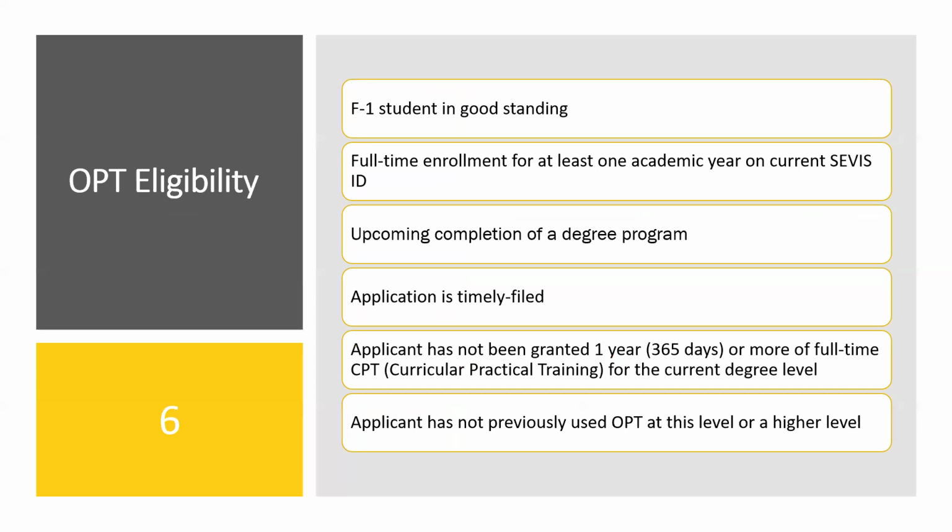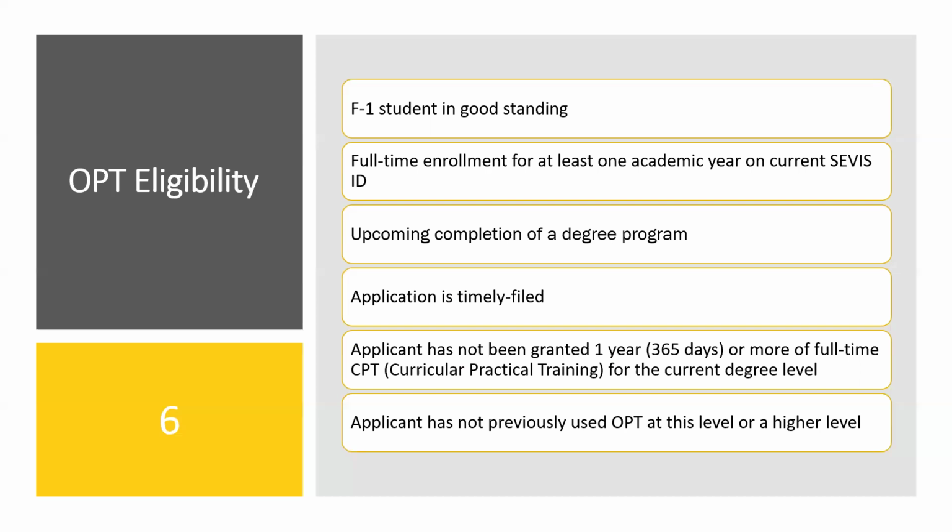Now, how do you know if you're eligible for OPT? You must be an F1 student in valid F1 status. You must have been enrolled full-time for at least one academic year on your current CVIS ID. So if you ever took a leave of absence and returned on a new CVIS ID, you'll want to check with your advisor because that could impact your eligibility for OPT because it is based on your current CVIS ID.